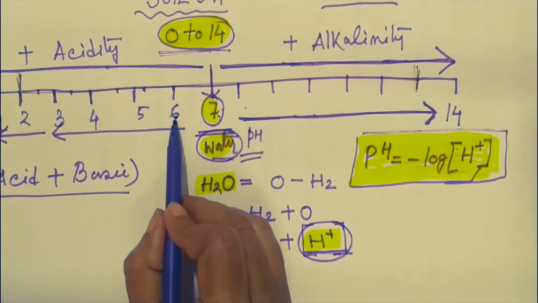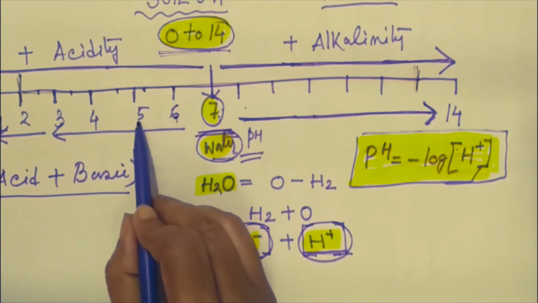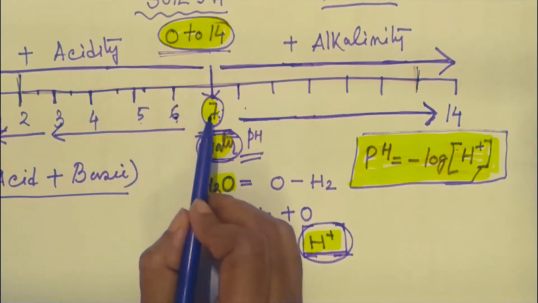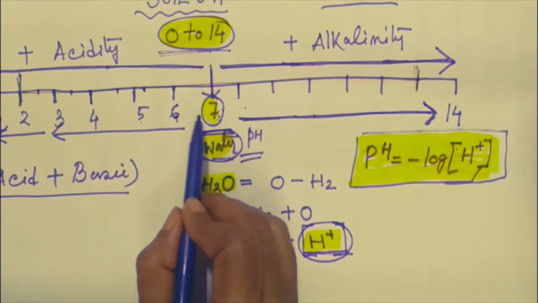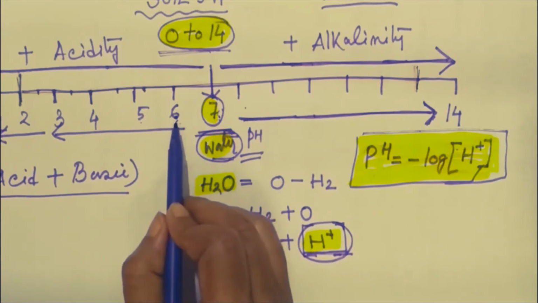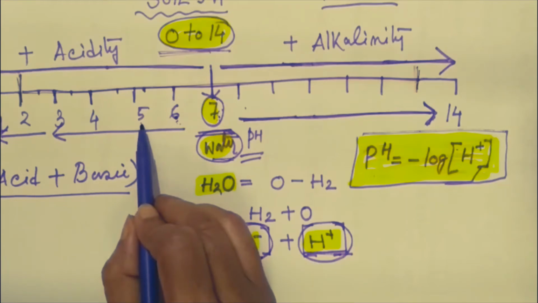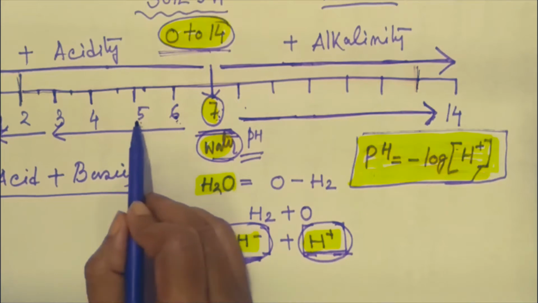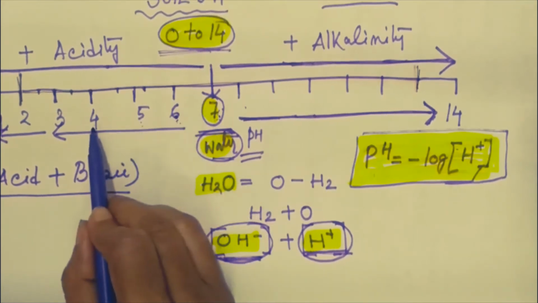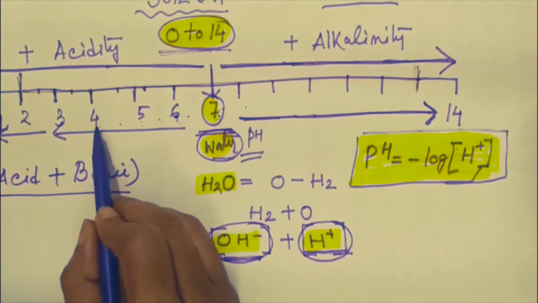If someone moves from pH 6 to 5, the acidity will again increase 10 times. From 7 to 5, it will increase 100 times, and from 7 to 4, 10, 10 and 10, it will increase 1000 times.